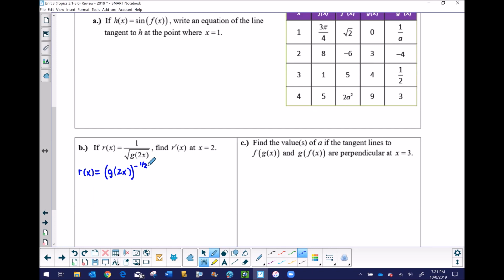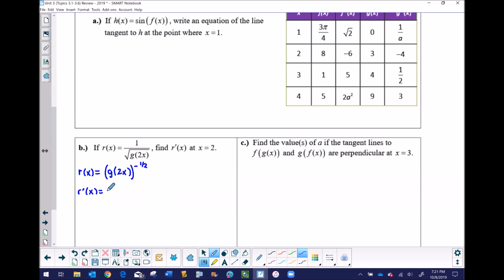That's one of the first things that I did in the review. And then we are going to go ahead and take the derivative of this, which is going to be a double chain rule, right? Double because we have this whole expression to a power where the expression itself has something besides an x in the parentheses.